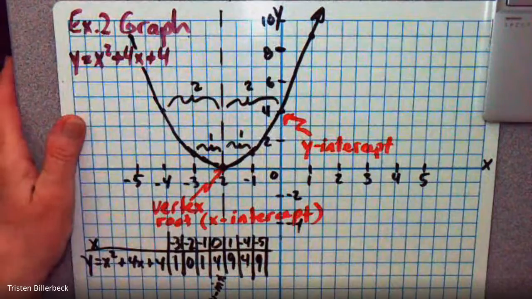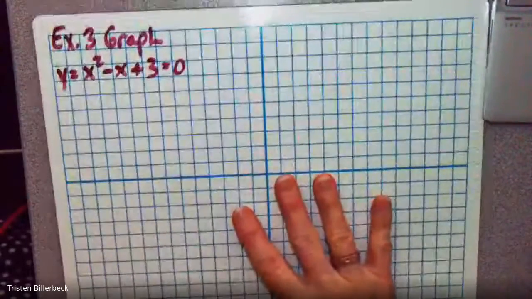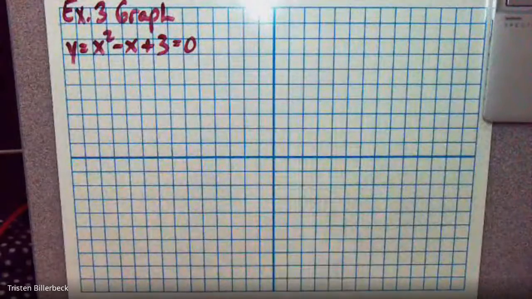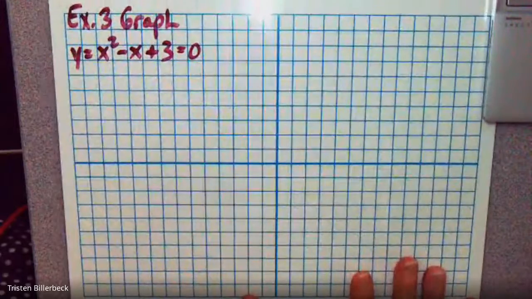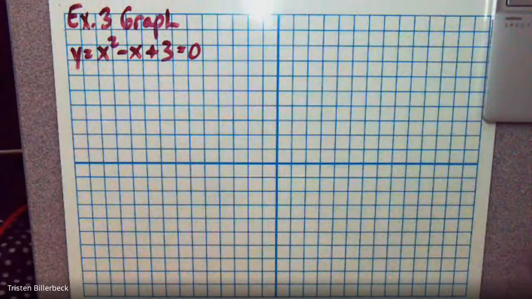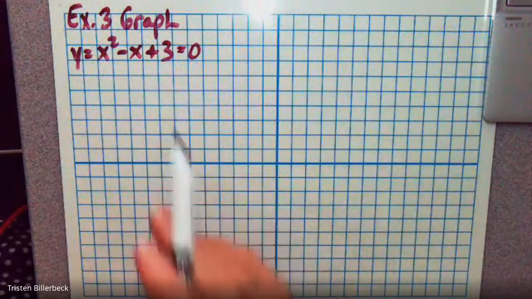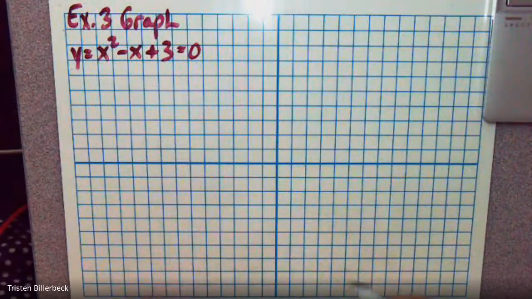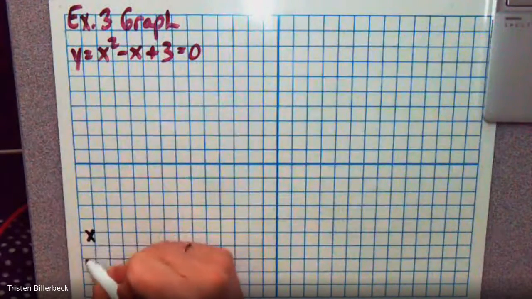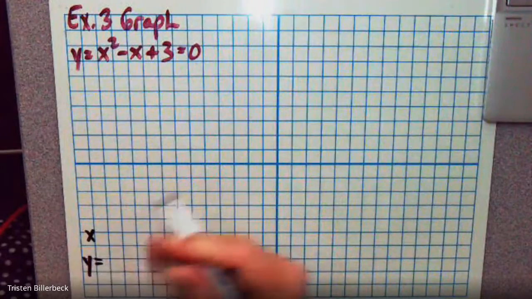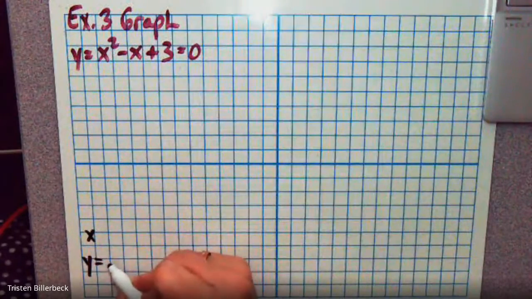All right, let's look at this last example. All right, so on this one, we have x squared minus x plus 3. So let's again use this area here. I'm pretty sure this is going to be pretty far up.